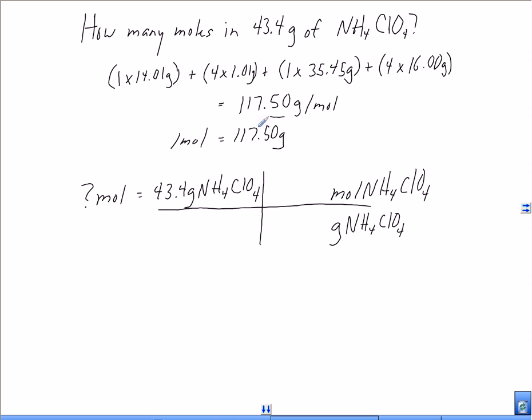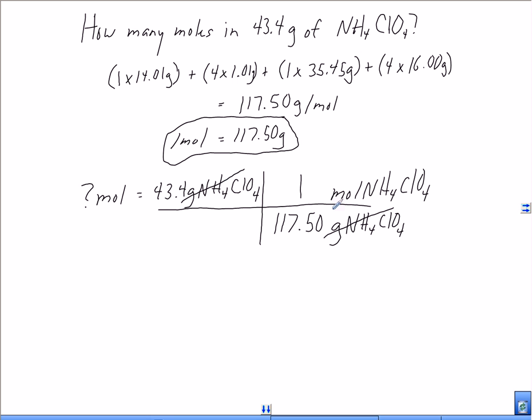Well, I need some sort of conversion factor, and that's exactly what I have right here. In 1 mole of ammonium perchlorate, I will find 117.50 grams. And my grams are going to cancel. I look to see what I'm left with here.